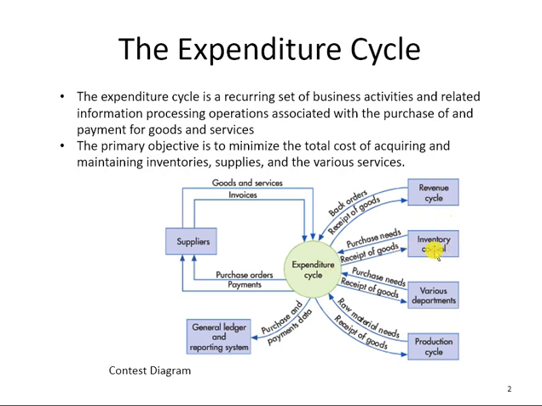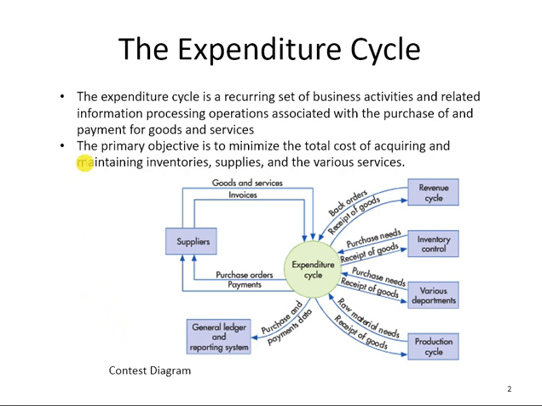And also, there is information exchanged with inventory control and various departments who initiated the purchase needs. And of course, the production cycle. Okay. And all the accounting information will be sent to the general ledger and reporting systems.